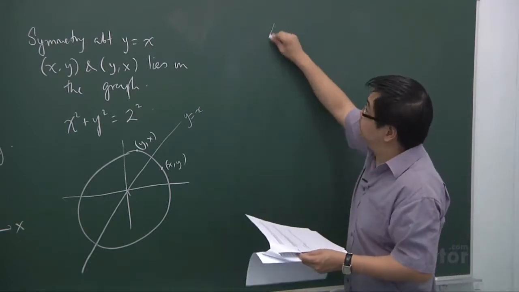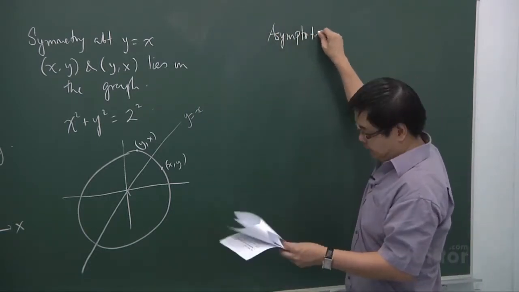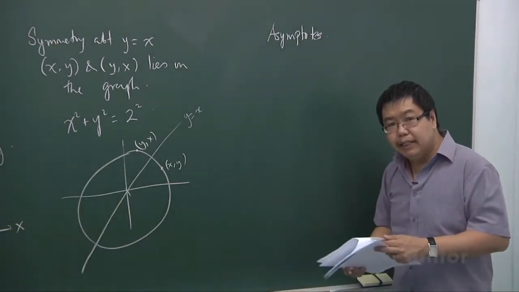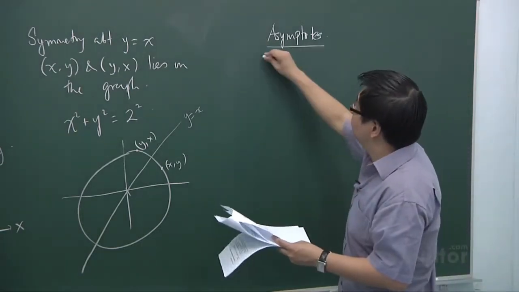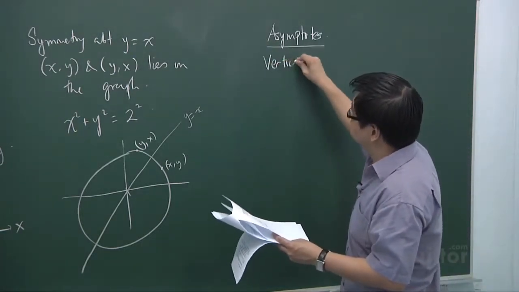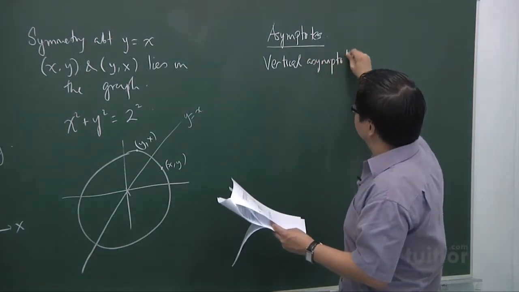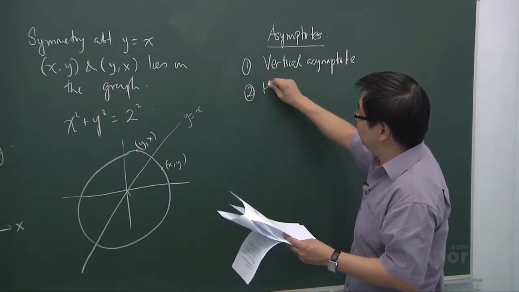Now, there are two types of asymptotes that you'll be learning under this H1 course, one of which is called the vertical asymptote, and the second type we call the horizontal asymptote.